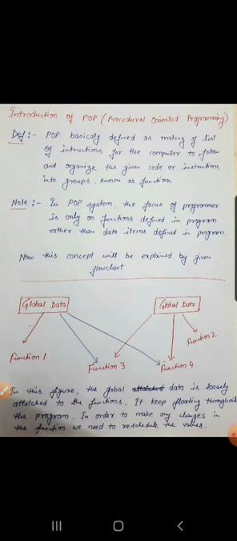In this figure, the global data is loosely attached to the functions. It keeps floating throughout the program. In order to make any changes in the function, we need to reschedule the values, and this may affect the normal sequencing of the program logic, which is not allowed in procedure oriented programming language.